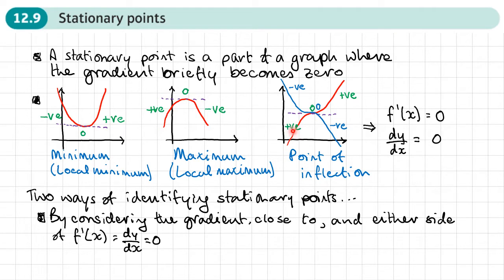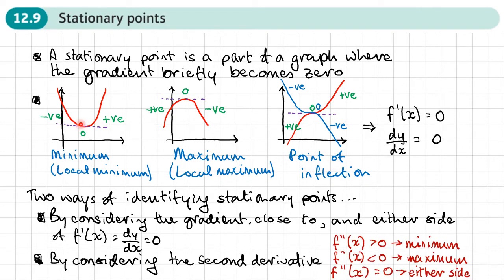Now if I see either positive, zero, positive, or negative, zero, negative, I know that I've got a point of inflection.